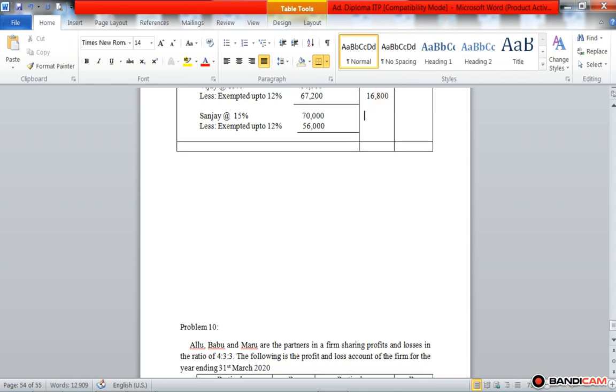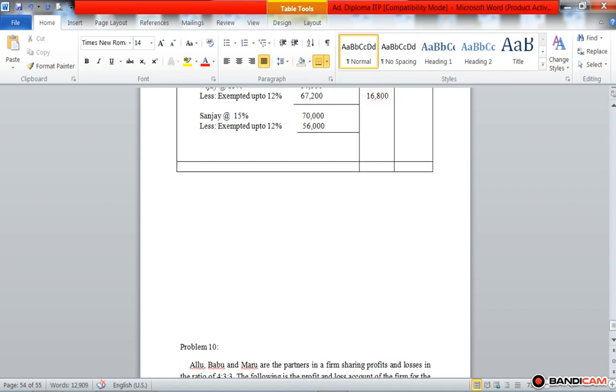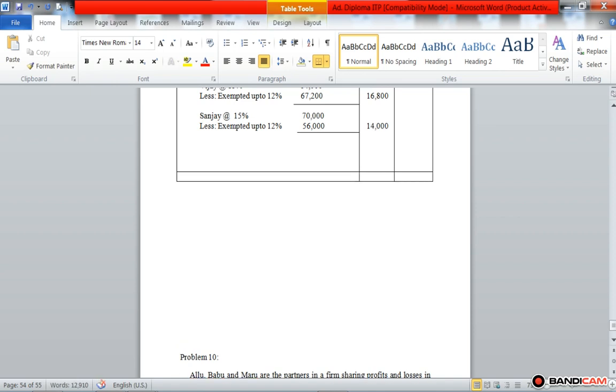So the amount is rupees 14,000 disallowed or taxable. Got it?